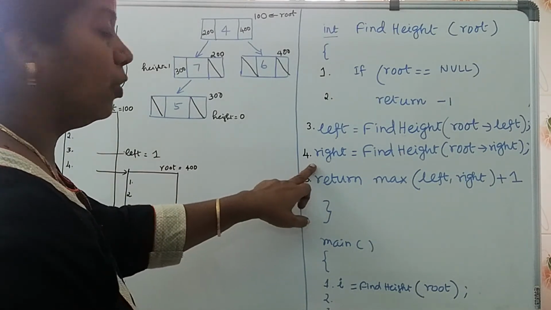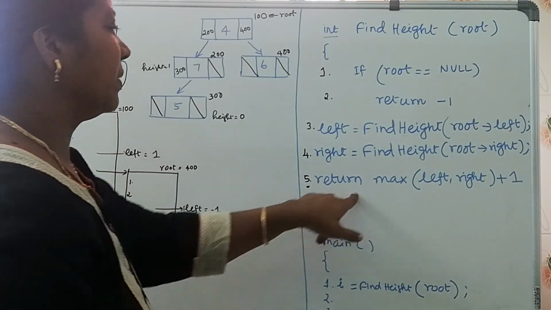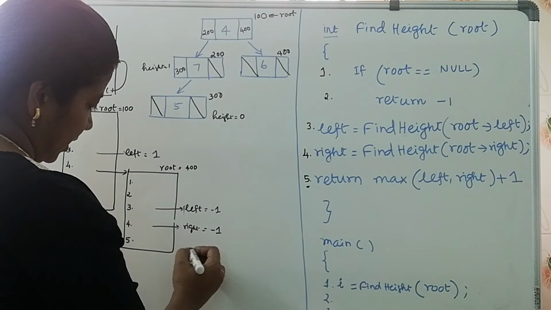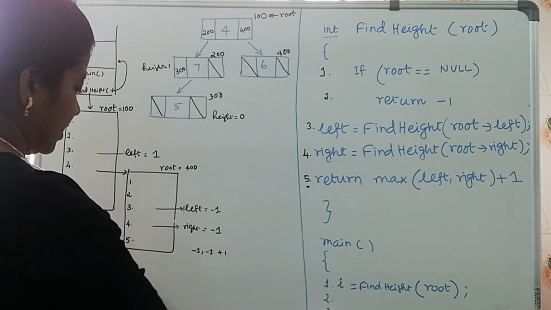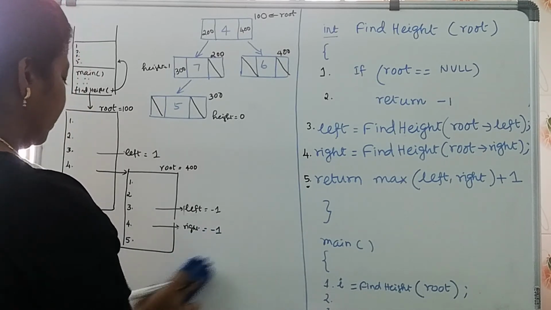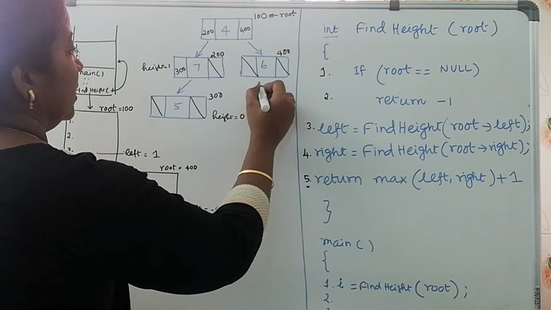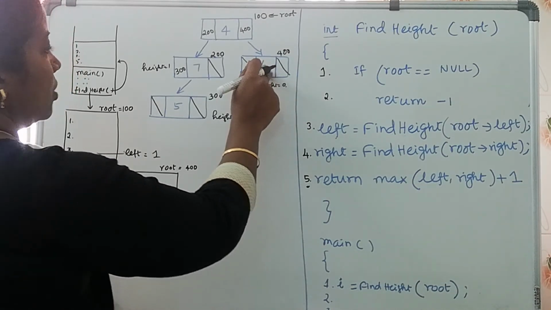Now line number 4 is completed, and line number 5 will get executed. What is line number 5? Max of left comma right plus 1. So what is max of left comma right? -1 comma -1 plus 1, which is 0. So 0 is the height of this node. Note down, this is also a leaf node.